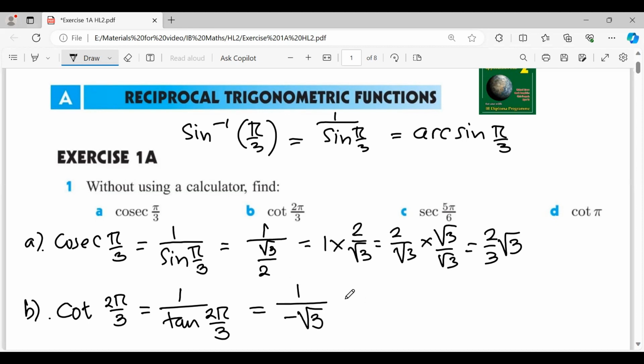This is the solution. Or if you want to simplify, you may calculate with √3 over √3. It is minus 1/3 √3.